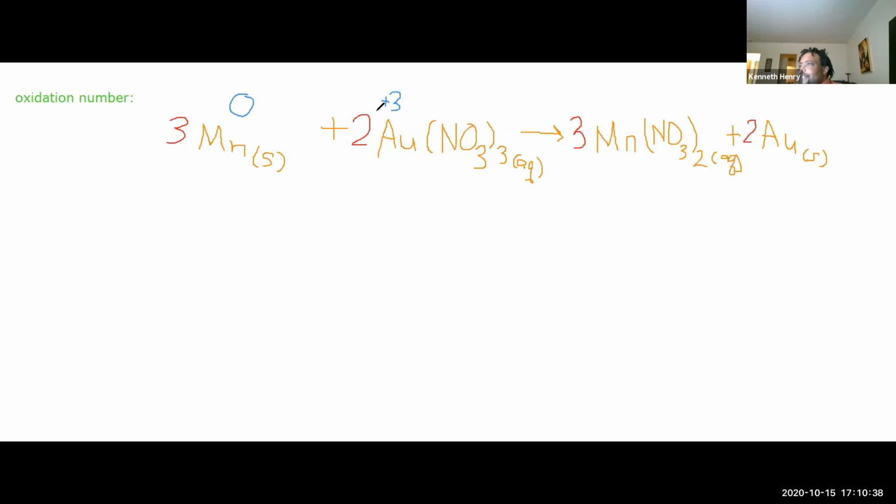Okay. And so the polyatomic ions have to add up to the charge on NO3. So NO3, what is the charge on NO3? Negative.